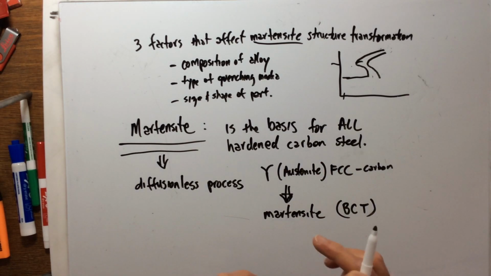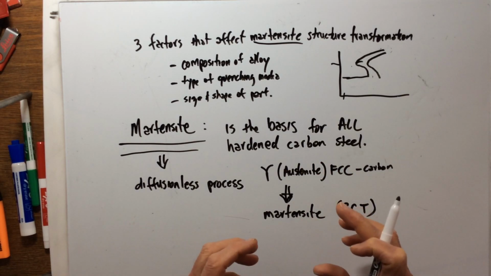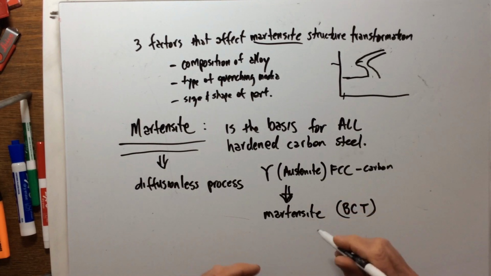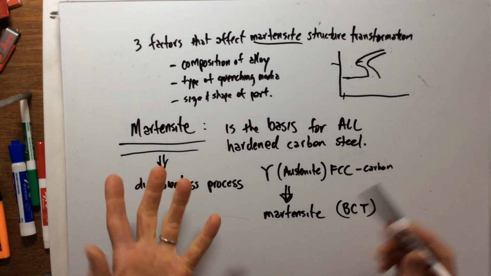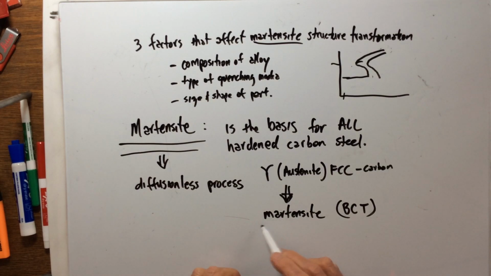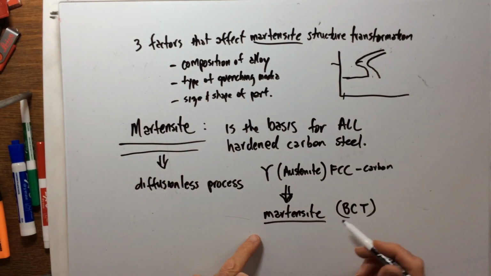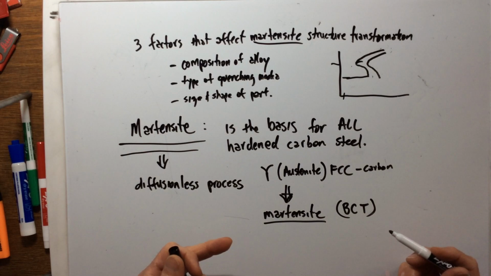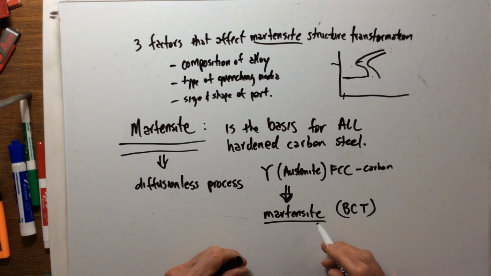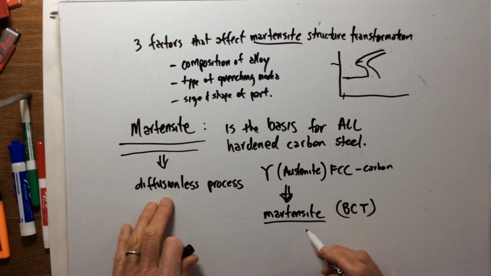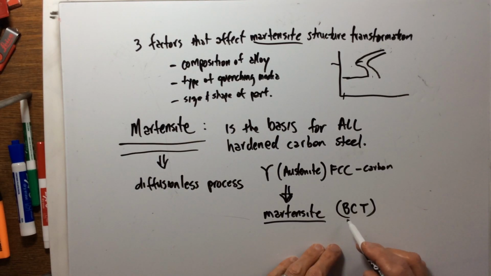If you put 3 or 4 FCC lattices together, and then shear across, you come up with a body-centered tetragonal, which still, interstitially speaking, would hold the same amount of carbon. So you maintain that, but this martensite is a room temperature stable microconstituent, a solid phase. So that's what's taking place here. It's a diffusionless process. It forms a body-centered tetragonal from an FCC austenite, okay?